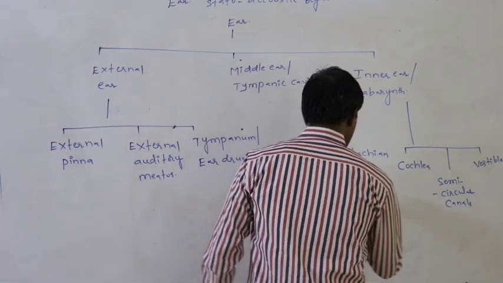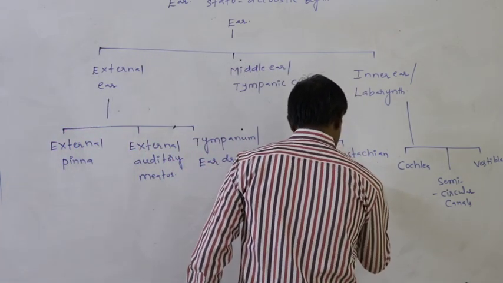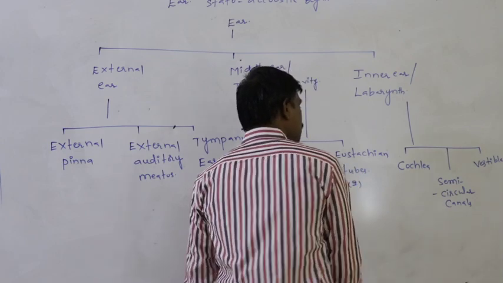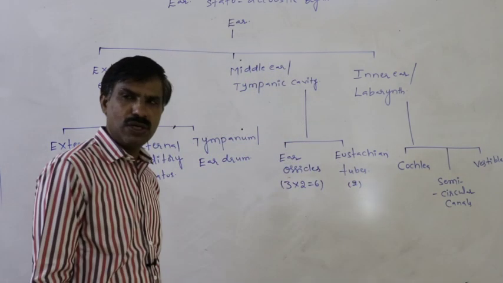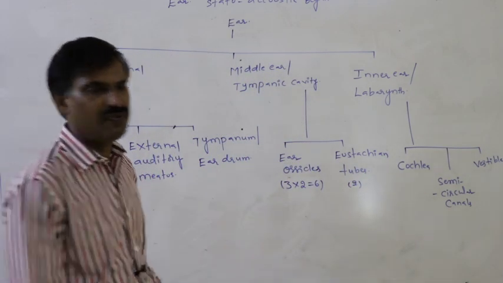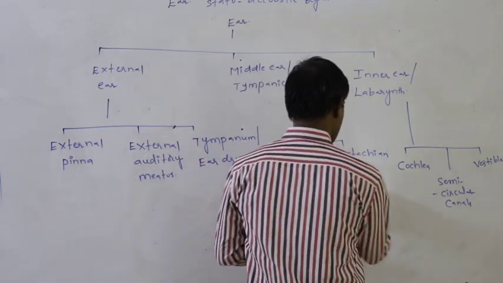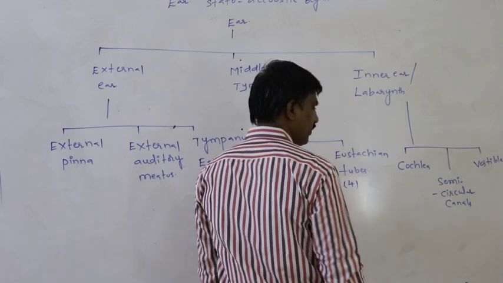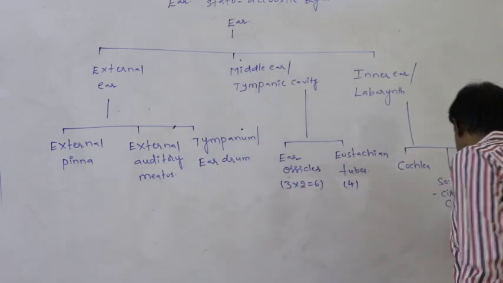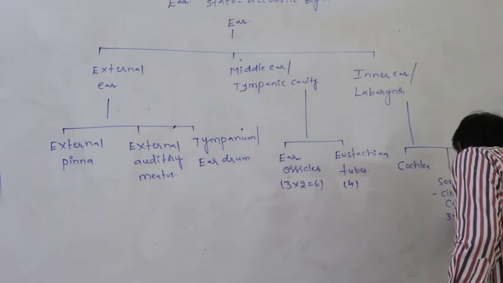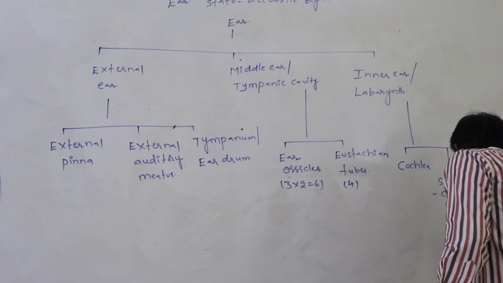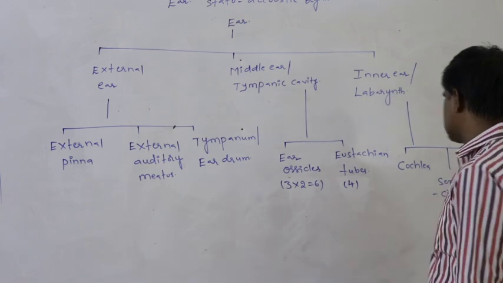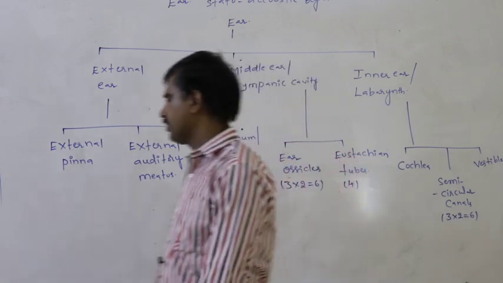How many eustachian tubes are present in total? 2 on one side, totally 4 in number. How many semicircular canals are present? Here also totally they are 6 in number.